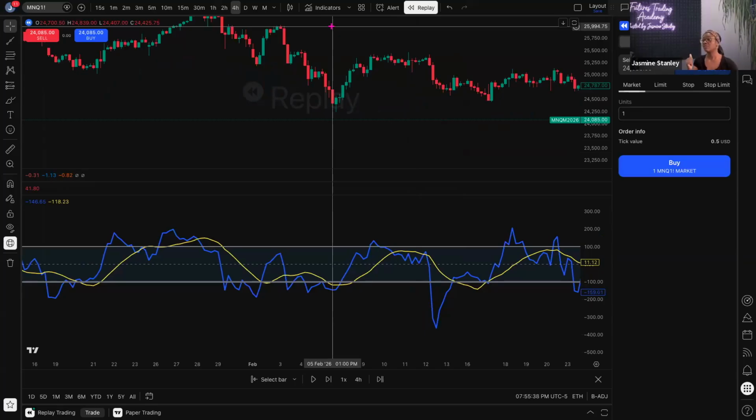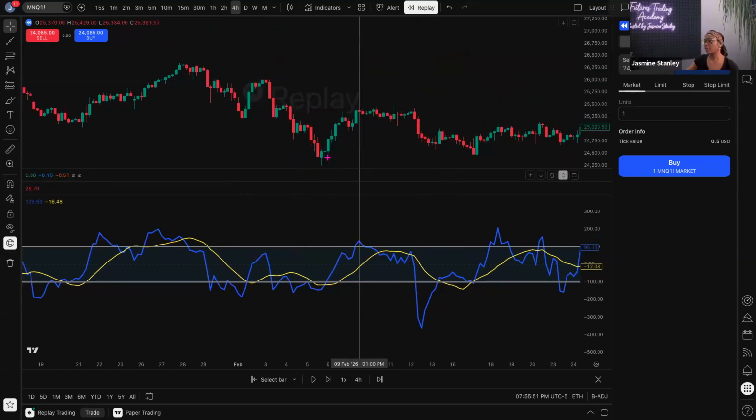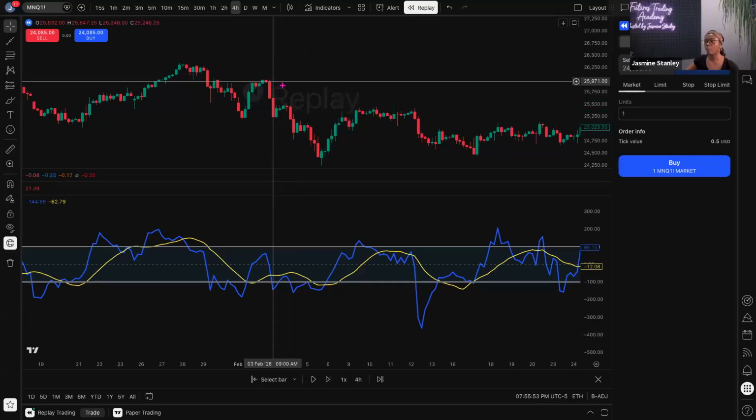So just because it's on a 4 hour does not mean it's going to take 4 hours to reach your level. But because it's on the 4 hour, you're measuring based off the 4 hours, so your measures are going to be bigger. That's what that means.